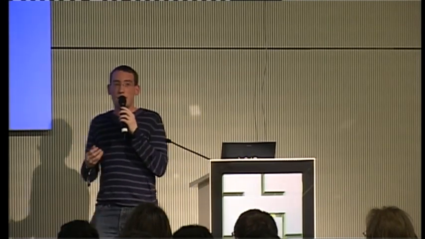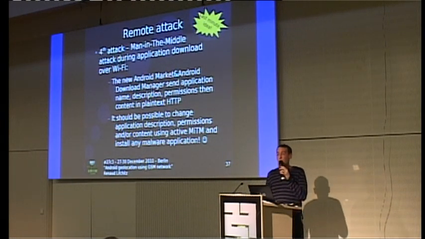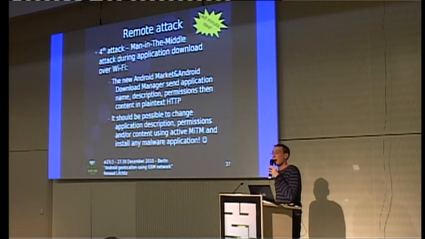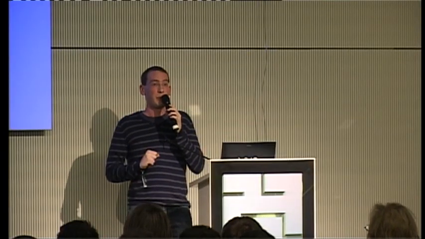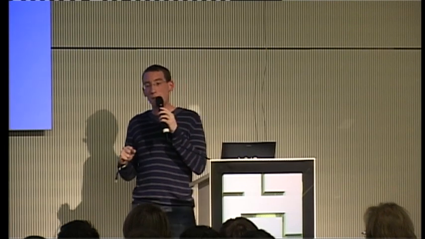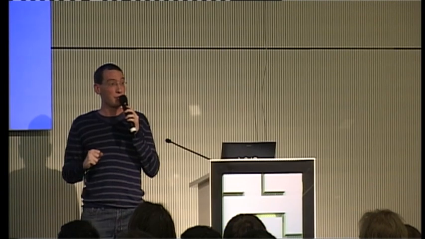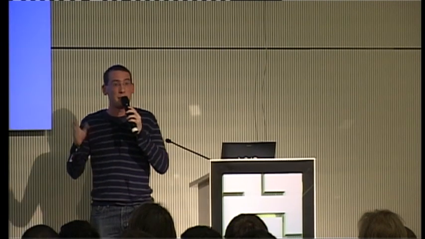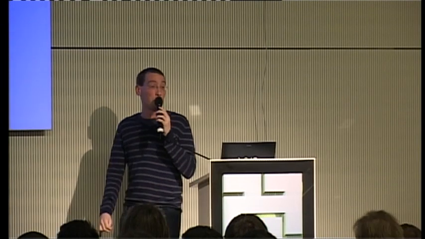So when the user downloads a game, for instance, he will in fact download another program, which can be a malware, without noticing it. Because the Android download manager only checks for a digital signature, which means the applications come from the Android market, but you can replace an application by another. And the user won't notice anything because the application is signed.